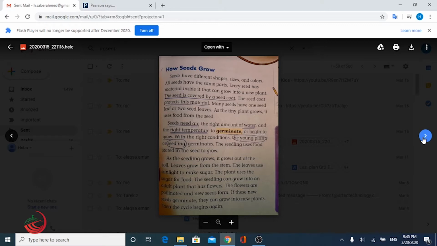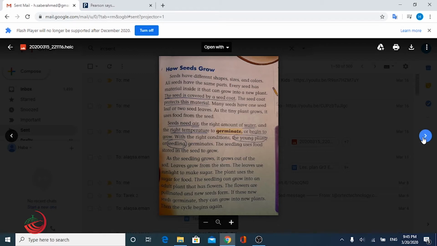I'll leave you a second to find a suitable answer. Yes, to protect the food stored from the parent plant. Thank you for now. See you later, inshallah. Study your lesson, play sometimes, and study other times.